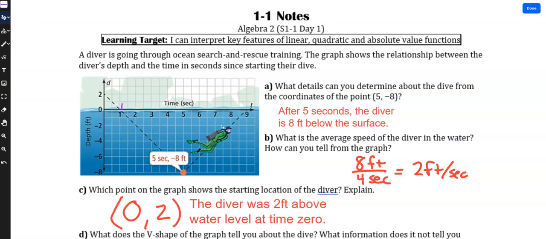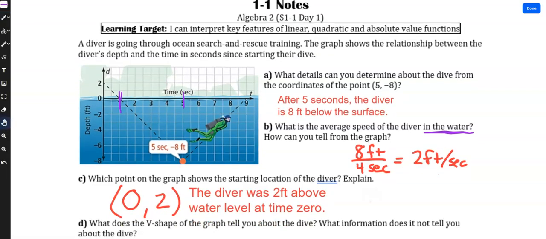Once you hit the water, 4 seconds is what we're talking about. Actually, I marked the wrong one, but it is 4 seconds. And we traveled 8 feet underwater in 4 seconds. So the key thing was in the water. I can't include that first few feet because you were above the water surface.